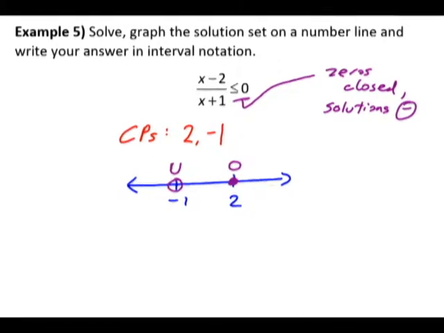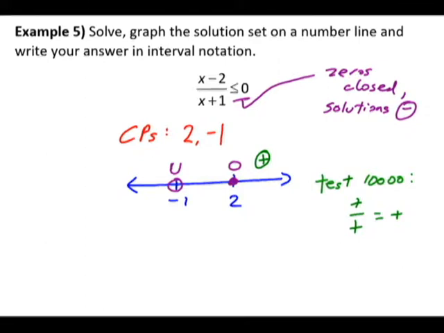Next, we test a very high number. We can still use our shortcut. So 10,000 minus 2 is something positive. 10,000 plus 1 is something positive. We have positive over positive, which is going to be a positive number. The multiplicities are both 1, and so as we cross each critical point, we alternate.